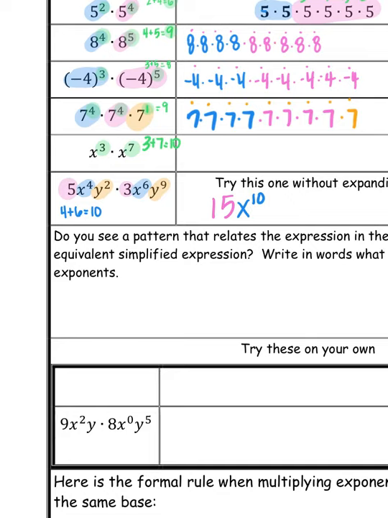And I'm just going to add those. 2 plus 9 equals 11. So then I have y to the 11th. Okay, so I can only add the exponents of like bases. So for the answer for this one, we get 15x to the 10th, y to the 11th.